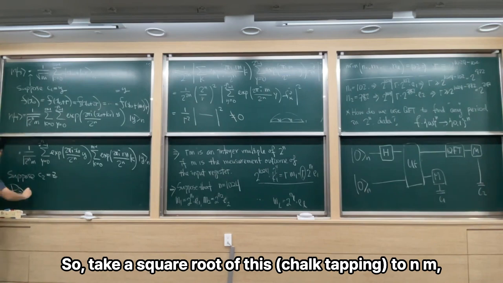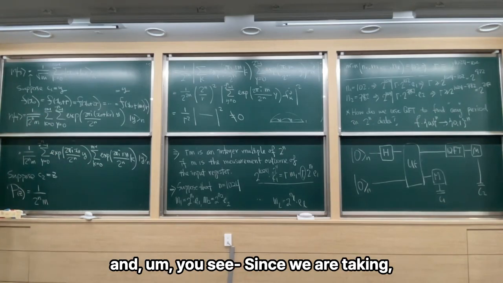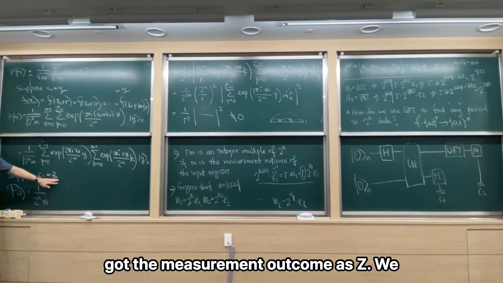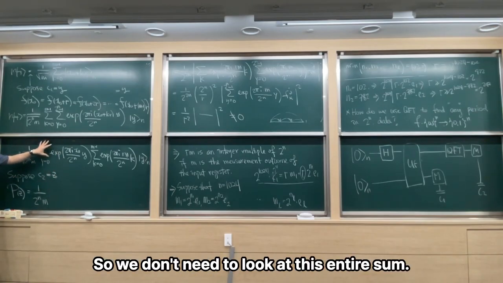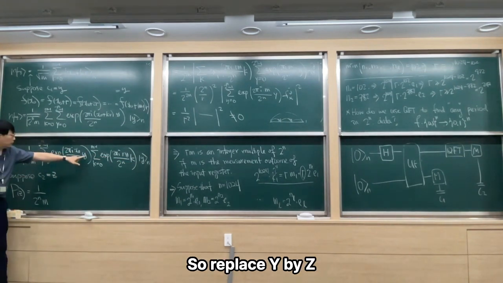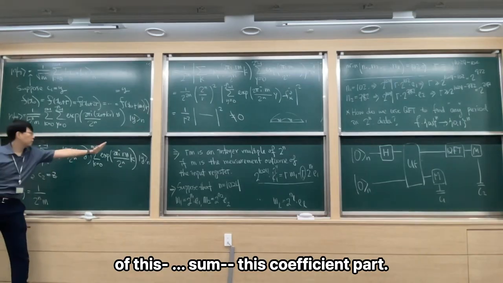So take the square root of this, 2^n m, and then the big sum over this summand. Since we already took a measurement with outcome z, we only have y equal to z. Everything else is killed. So we don't need to look at this entire sum. We only look at the coefficient of ket z, right? So replace y by z, and then compute the square of this coefficient part.